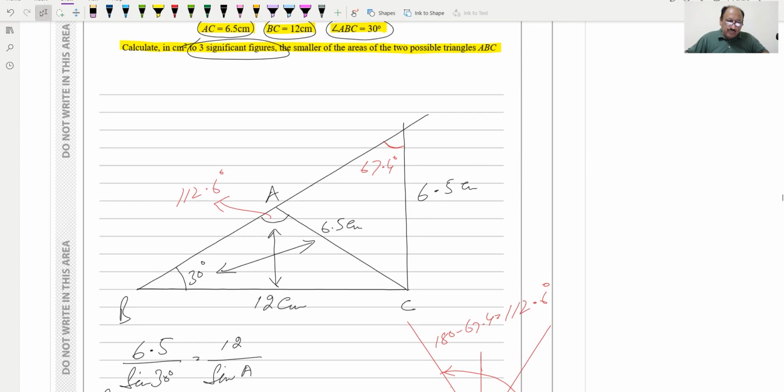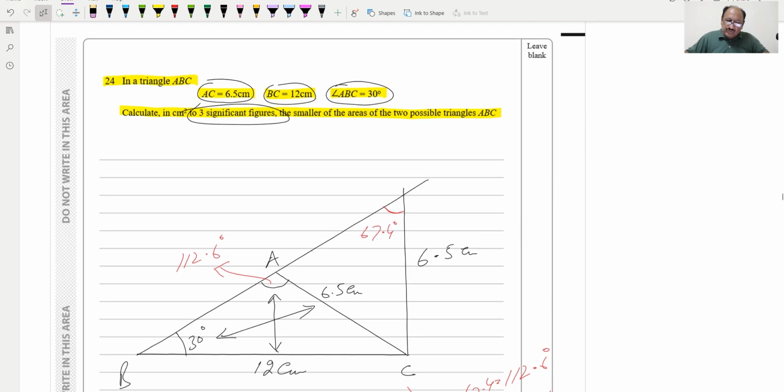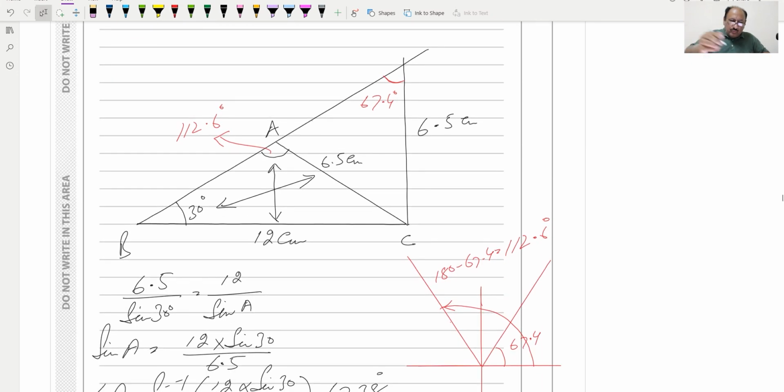Now they are saying what? They are saying calculate the smaller of the areas of the two possible triangles. So these are the two possible triangles which we found. Now area of this is the smaller triangle. So for this smaller triangle we require the area, and to find this area we will be applying the area formula, half into AB sine C. We have two sides.